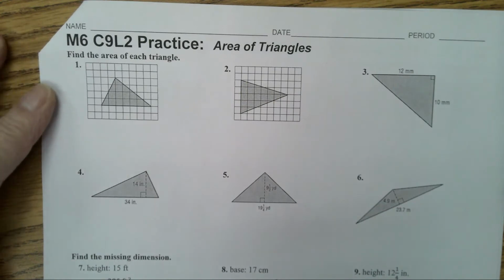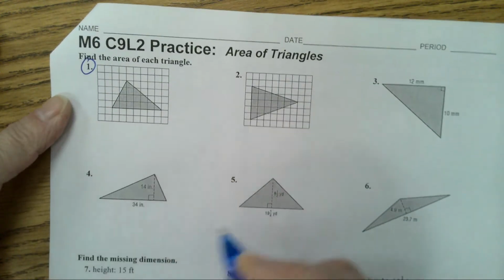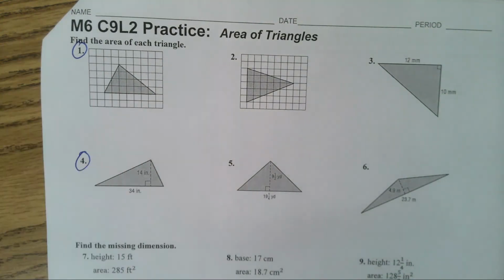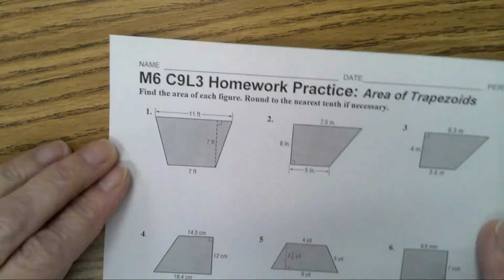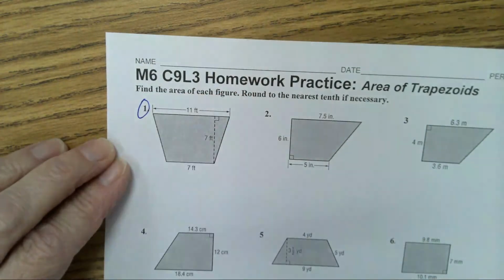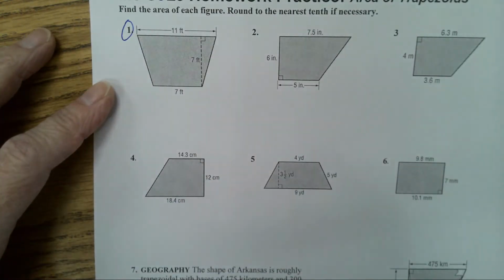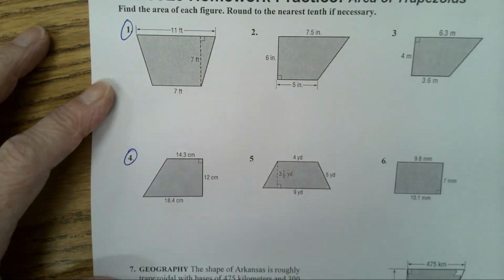Right now, we're going to do number 1 and number 4 together, and then the others will be homework. This is the second page of your packet. The other problems will be your classwork and homework, and I will probably go over how to do some of the word problems with you in a little while.